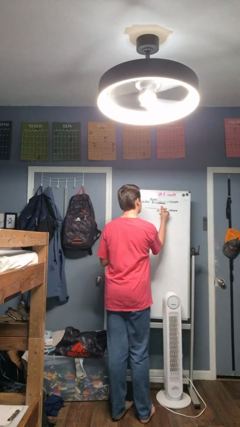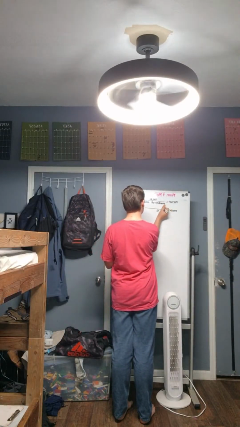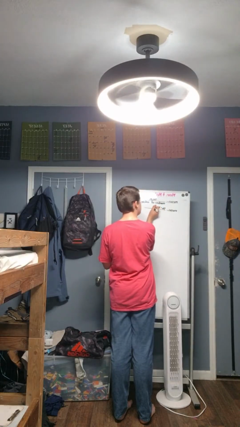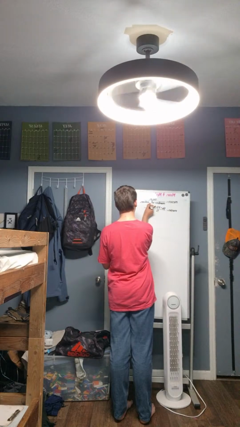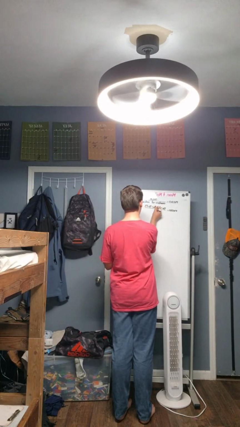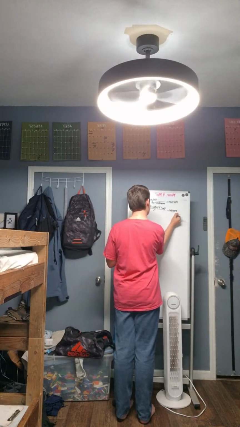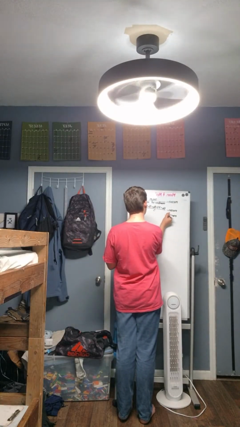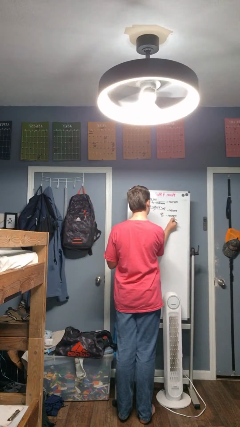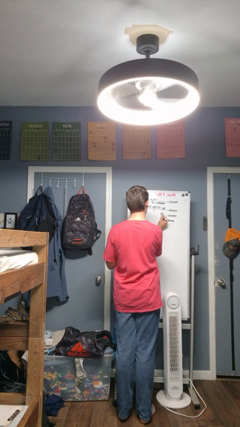So we would have 16 plus 14 plus 16 plus 11 plus 13. And then we have mean is equal to 70 divided by 5. Mean equals 14.